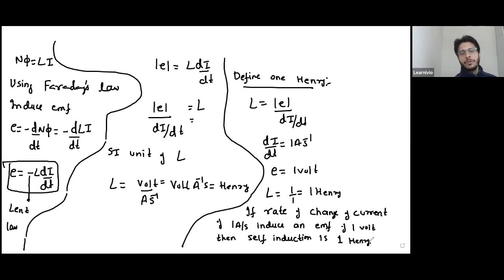So you may get this definition. 1 Henry means if a rate of change of current of 1 ampere per second induces an EMF of 1 volt, then the self-induction of that coil or circuit is 1 Henry.